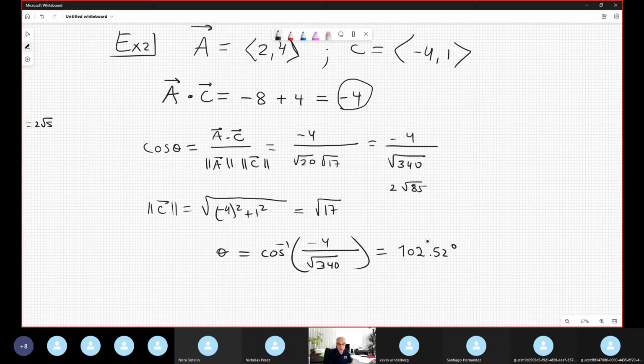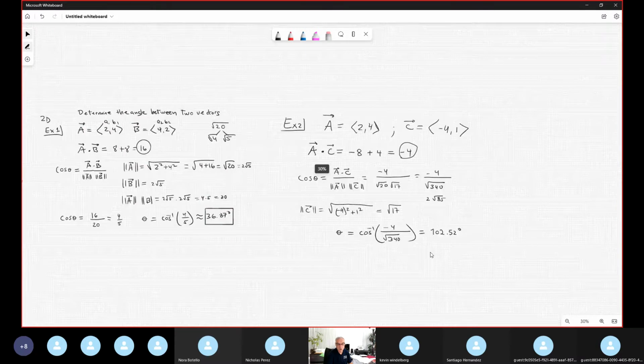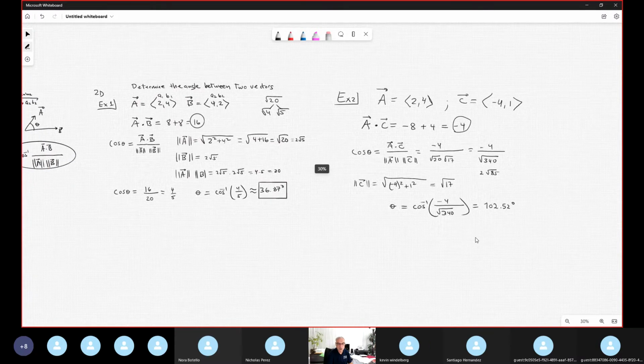So the conclusion is, look at that. Not a complete conclusion, but a partial conclusion. When you perform the dot product and the dot product is positive, it's because the angle in between the vectors is acute, so less than 90 degrees.